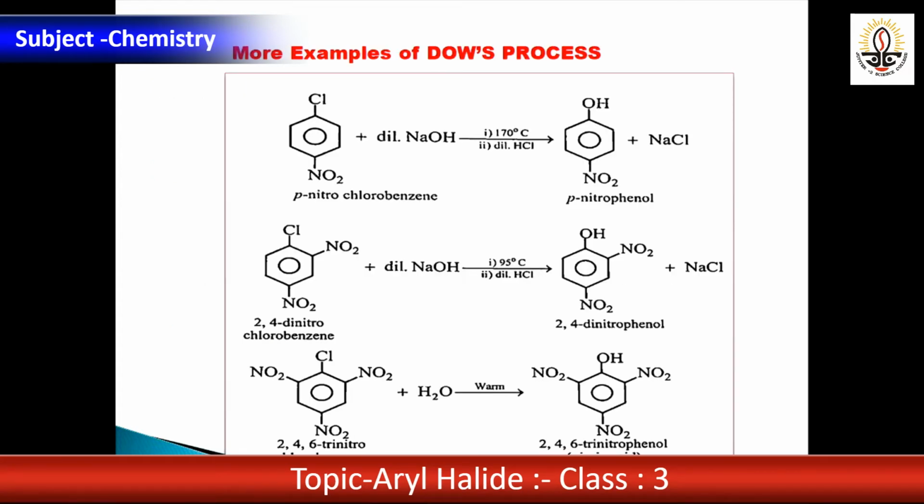Some examples are there. First example is p-nitrochlorobenzene. The nitro group is there, so the reaction becomes faster than normal chlorobenzene. Example 2 is 2,4-dinitrochlorobenzene. When it reacts with dilute NaOH, the reaction also becomes faster.